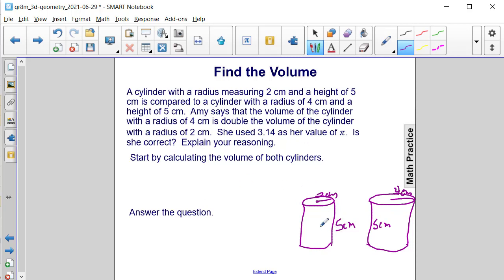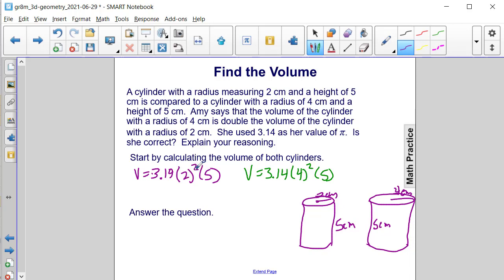And she's saying that the volume is going to double. Let's calculate the volume of both of these to see if that's the case. So we know that the volume is equal to pi, and she used 3 and 14/100ths as her value of pi, times 2 squared times 5. And in the other one, we have that the volume is 3 and 14/100ths times 4 squared times 5.